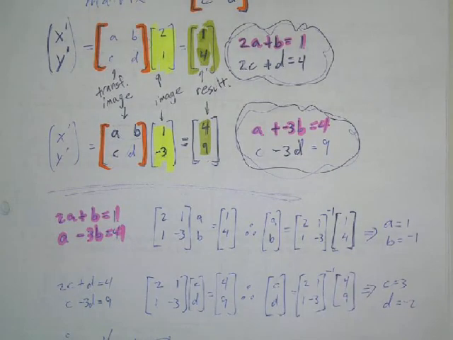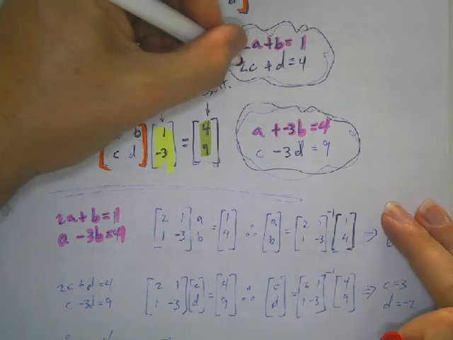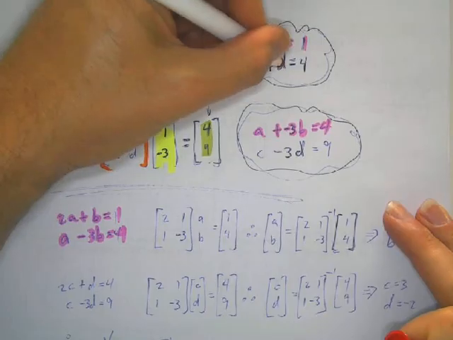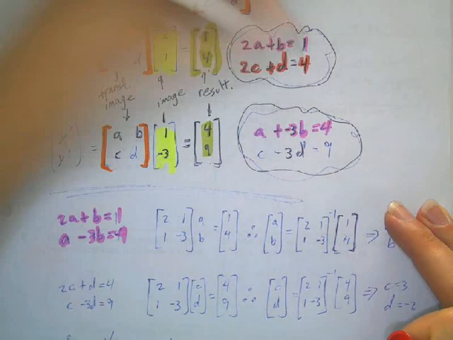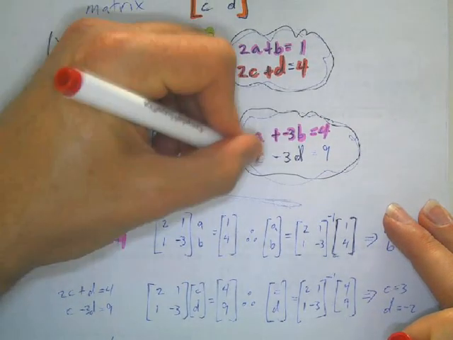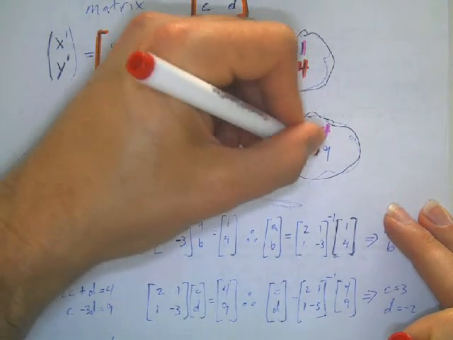Now I can take my other matrix. Let's use red. So I'm going to take the other equations, 2C plus D equals 4, and C minus 3D equals 9.